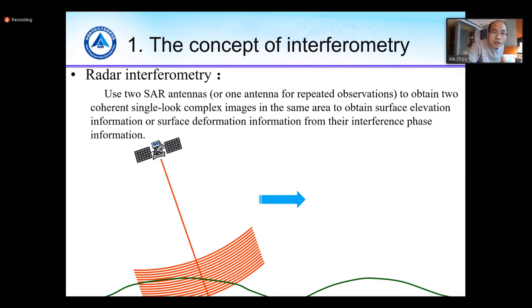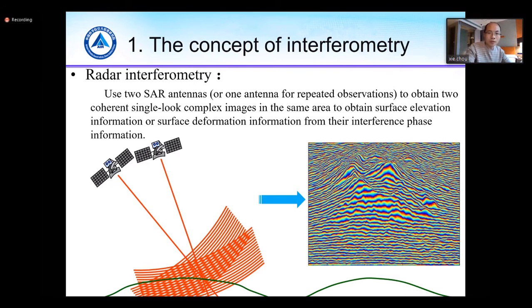For SAR interferometry, it uses two SAR antennas to obtain two coherent single-look complex images of the same area to obtain surface elevation information or surface deformation information from the interferometric phase information. Just as shown in this figure.